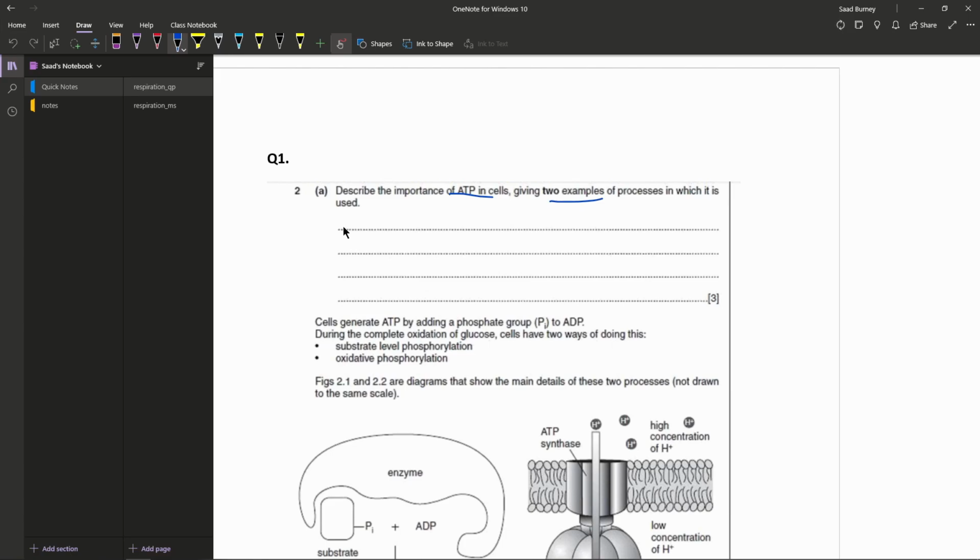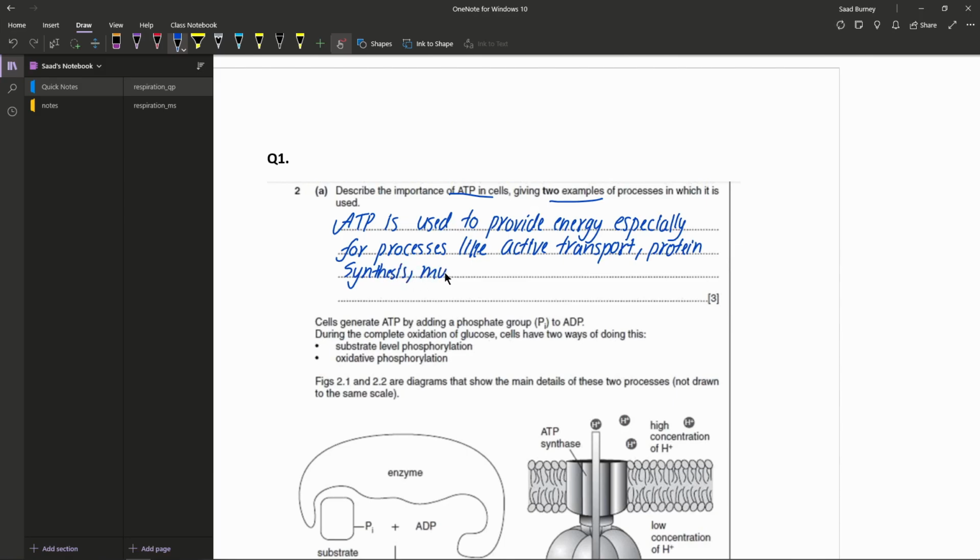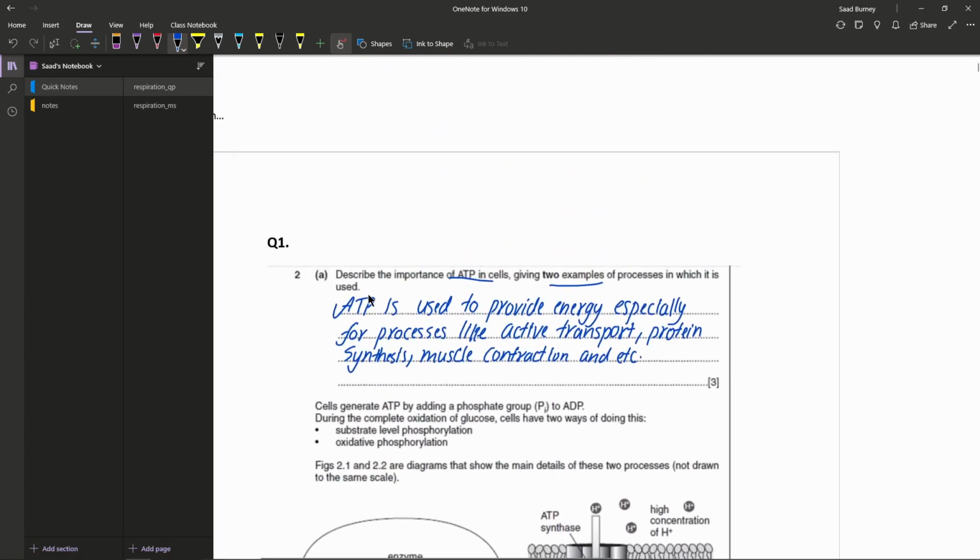So first things first, we do know that ATP is used to provide energy, especially for processes like active transport, protein synthesis, muscle contraction, and etc. There's a lot of these type of reactions that you can mention.